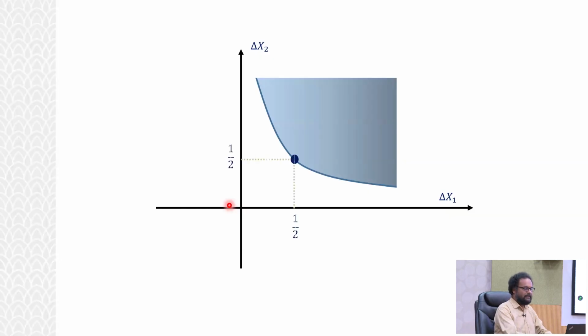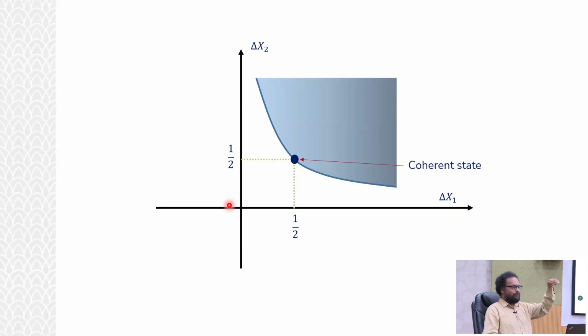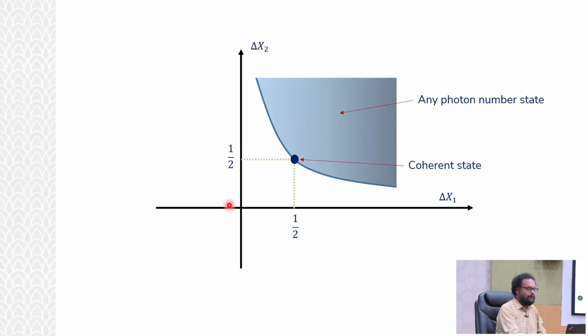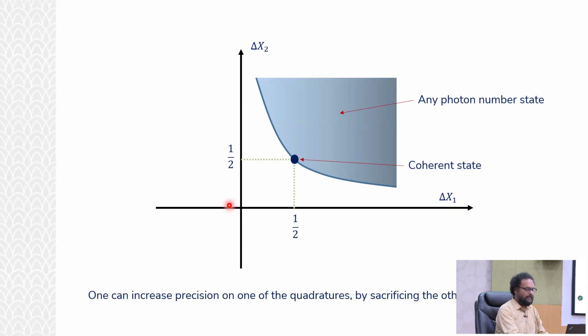Your coherent state is right there. That's your coherent state. But let's say on this boundary of possibilities, I could potentially go slightly above or below this coherent state point. So that's an eddy photon number state.